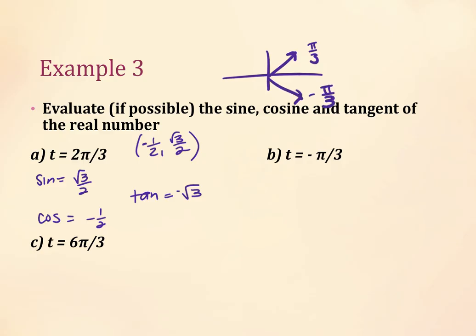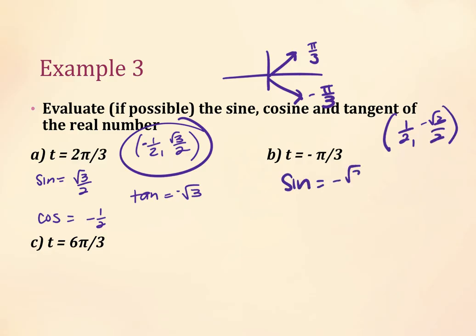So now, same coordinate point because it's a pi over 3, but I'm in the fourth quadrant. What's true about your signs in the fourth quadrant? The x is positive, the y is negative. So my sine, negative root 3 over 2, cosine, 1/2, tan, it's a pi over 3, so it's root 3. It's in the fourth quadrant where one sign is positive and one sign is negative, so it's negative.